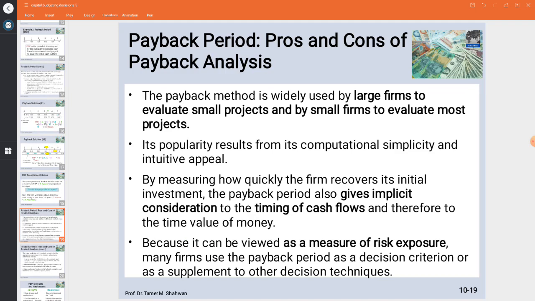However, one drawback of this technique is that it doesn't consider the time value of money. Why? Because as you see, we just take the cumulative sum of cash flows, and we assume that the cash flow occurring in the first year is equal to the cash flow occurring at time 2.